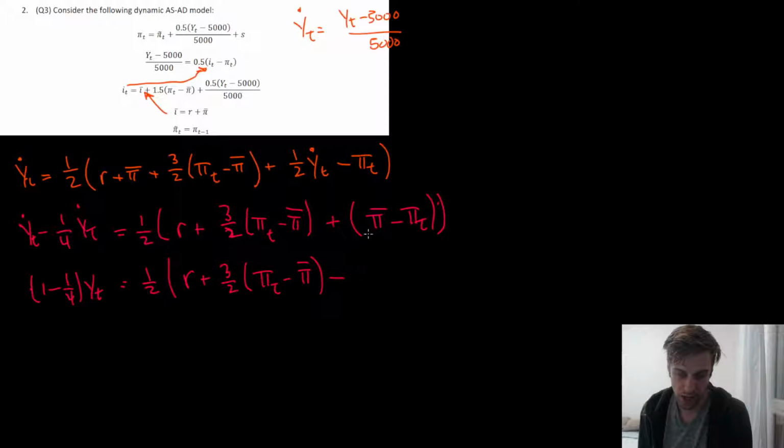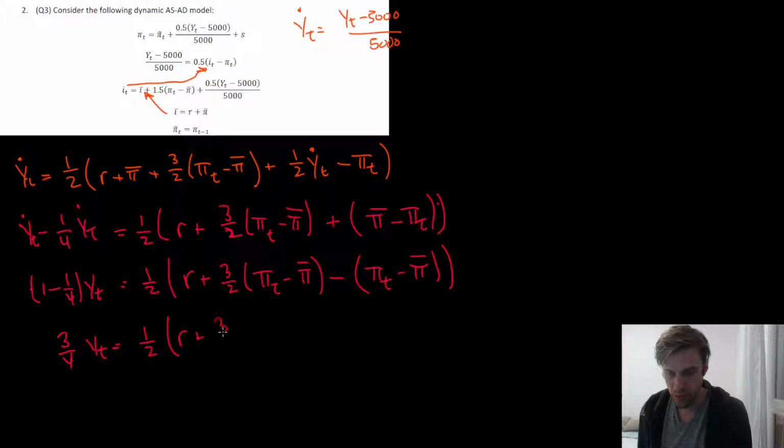So plus becomes minus, and then these switch signs. So I get pi t minus pi bar. And so we see this becomes 3/4 yt dot equals 1/2 r plus 3/2, and then now I can factor out pi t minus pi bar. So I can write this as 3/2 minus 1 times pi t minus pi bar.